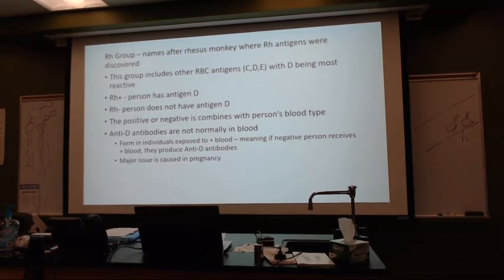This is referred to as antigen D. Remember, the antigens are on the membrane of the cell. For this identifier, because it is important, okay? For this identifier, it's either there or not.